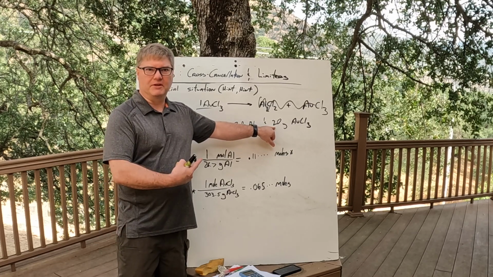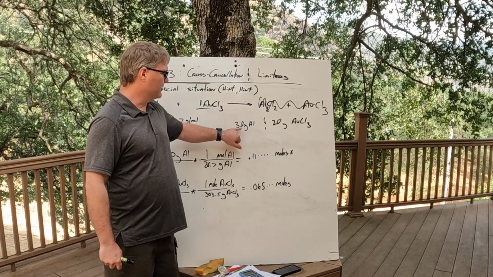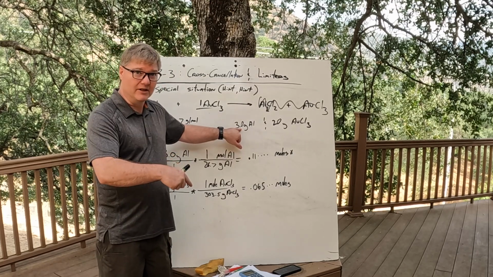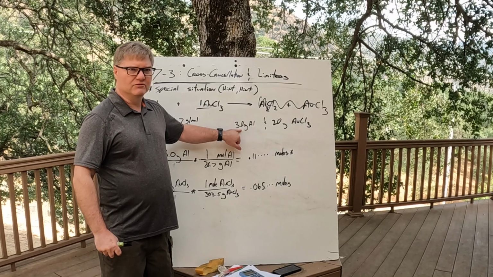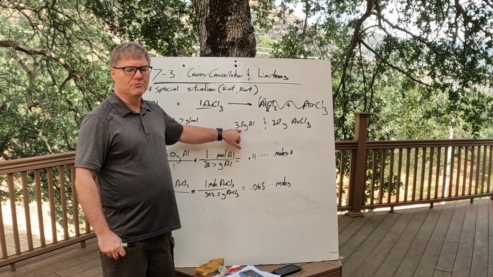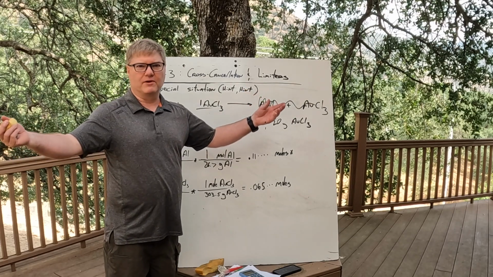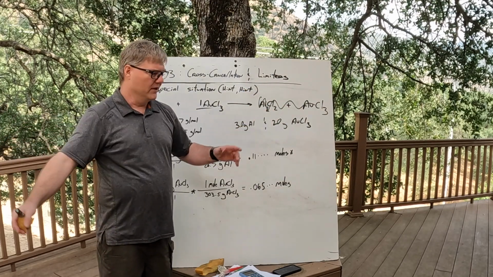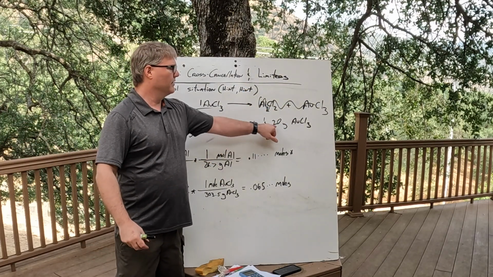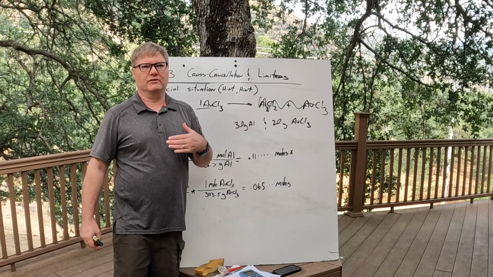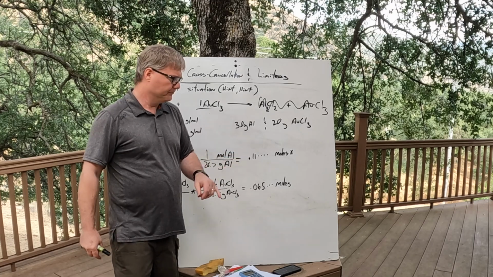So this could actually be the limiter. And the same thing here, just because you have 3 grams of aluminum doesn't mean that it's the limiter, because aluminum particles could be so tiny that 3 grams is oodles of them, and you have more than enough. So just looking at the grams isn't good enough. You've got to look at moles, because moles is the number of particles.